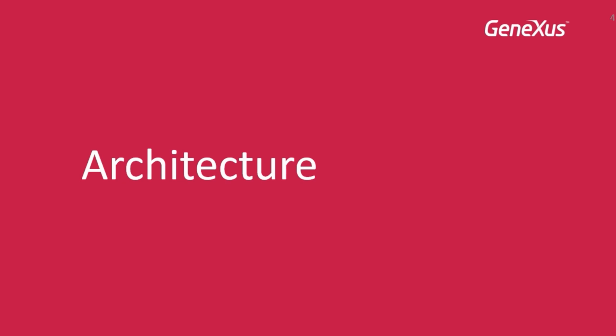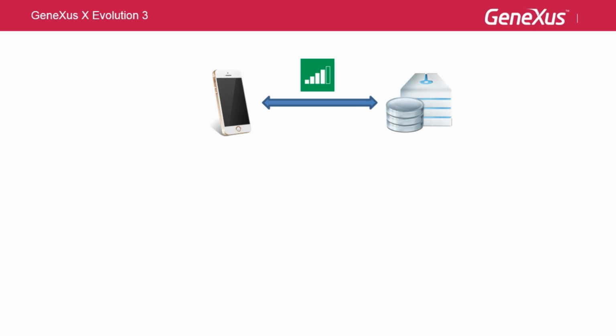So far then, we've found out what offline applications are and why we use them. Now I'd like to talk a little about architecture. And what better way to do that than to compare it against a model we already know about? The model of architecture of smart device applications in X Evolution 2.